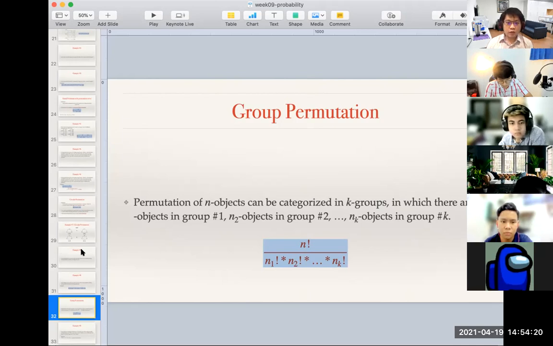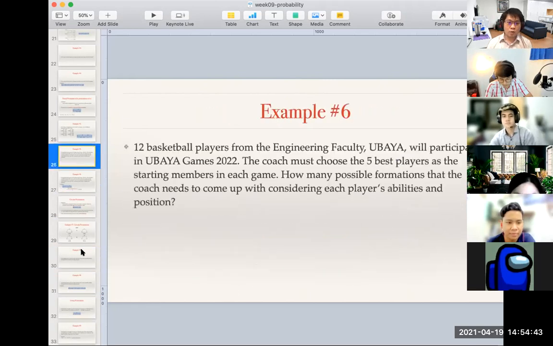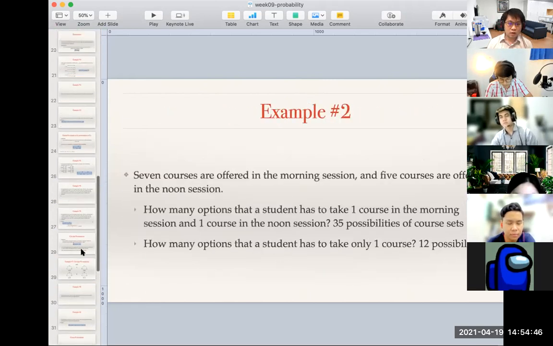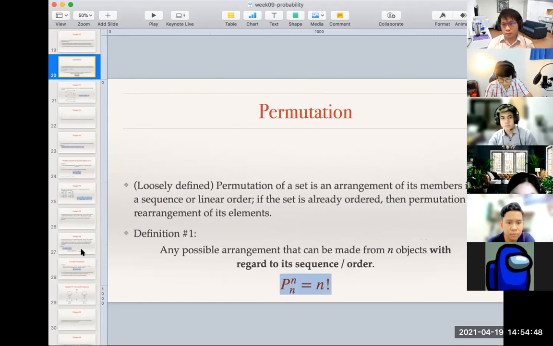If you already know these basic characteristics, then you need to look at the problem and see whether you need to arrange all the elements in a group. If you are asked to create an arrangement for all elements in a set, then it's easy. You can go directly to the complete permutation, the normal permutation.